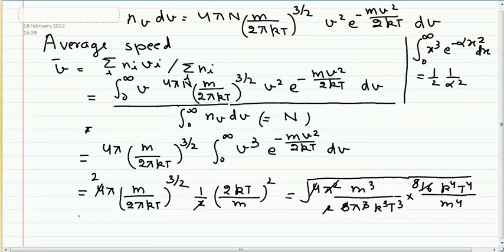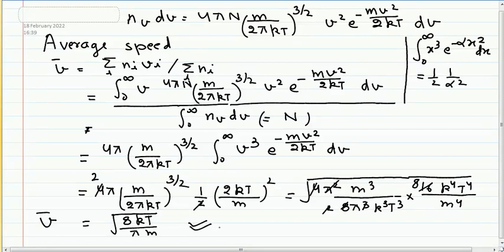So this will also cancel, and then we have the term 8kT upon pi m. So the average speed is equal to under root 8kT upon pi m. This is the value which we wanted to calculate for the average speed.